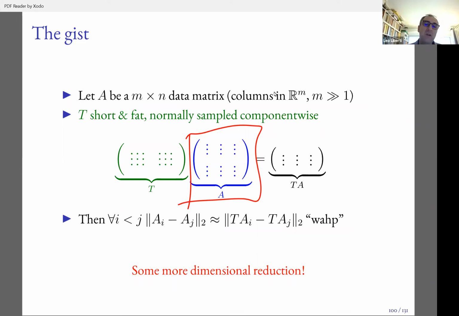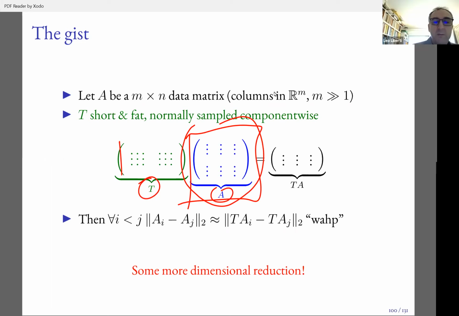So this matrix A is really humongous, okay? And if you want to do something like cluster the columns of this matrix A according to similarity of the vectors, you're out of luck, because even the most efficient ways of clustering vectors are going to be very slow on this huge matrix. So what you can do instead, if your method for clustering is based on Euclidean distances, such as, for example, k-means, is to pre-multiply A by this matrix T, which is short and fat and normally sampled component-wise.